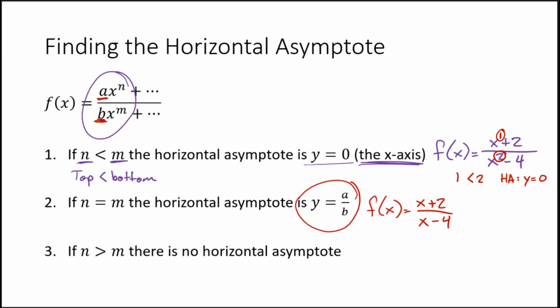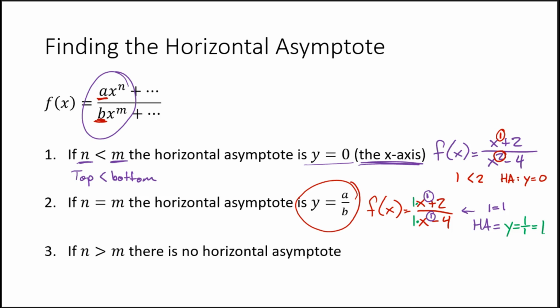For that second example, what's my power in the numerator? 1. If I don't see it, it's a power of 1. What's my power in the denominator? 1. Since 1 equals 1, not 1 equals 0, then my horizontal asymptote is going to be the ratio of the first numbers. That's going to be 1 over 1.